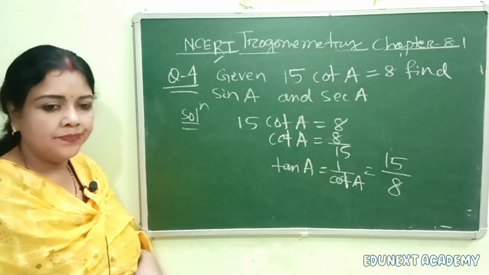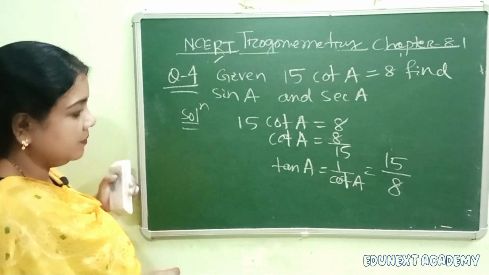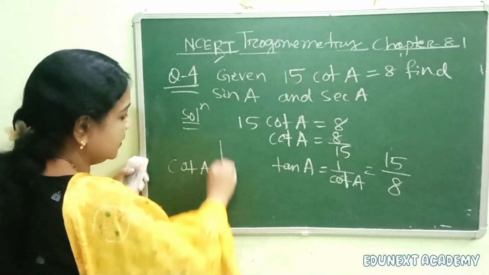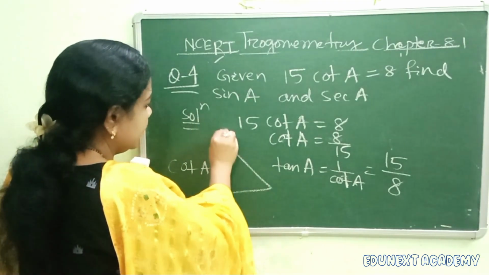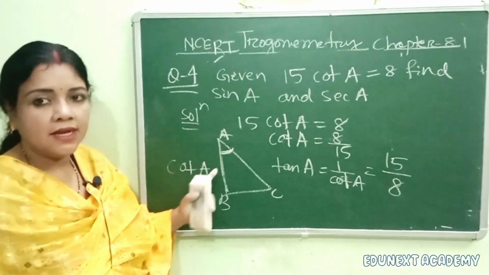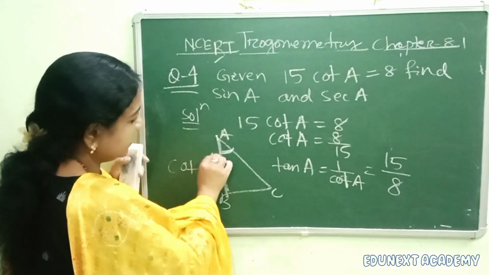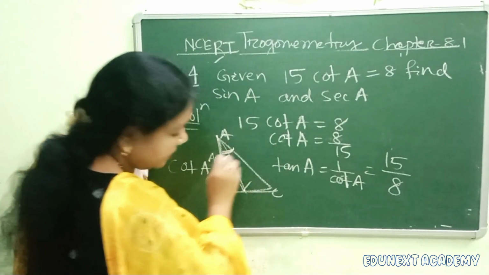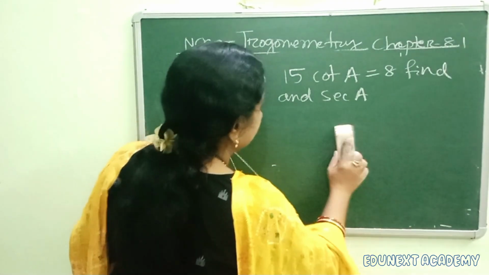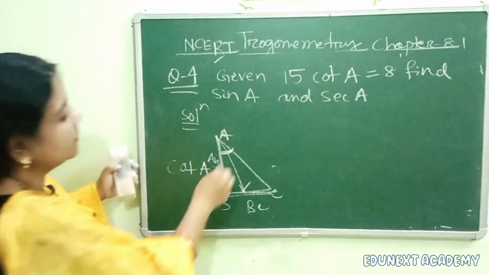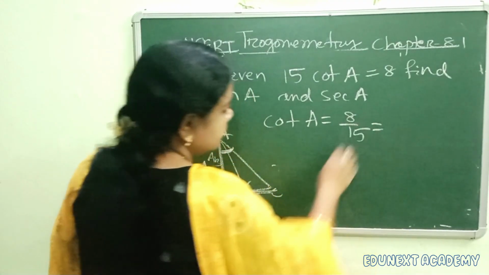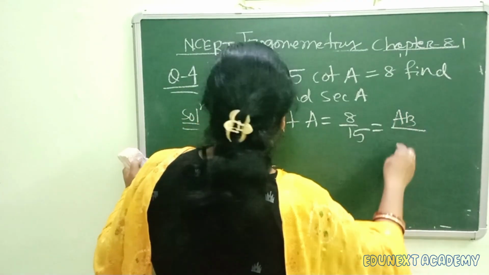Okay, so now see, if I go for a triangular representation with triangle A, B, C, what is cot A? Cot A is the side adjacent to A, that means AB, by the side opposite to A, that means BC. So cot A is equal to 8 by 15, that is AB by BC.